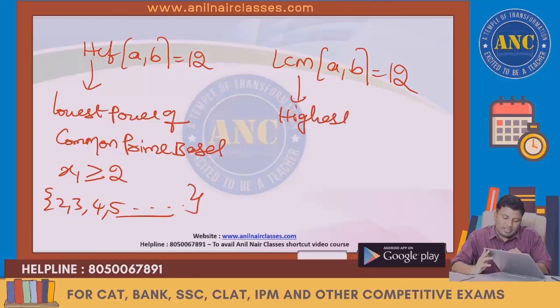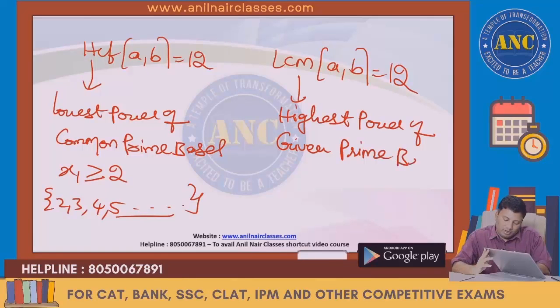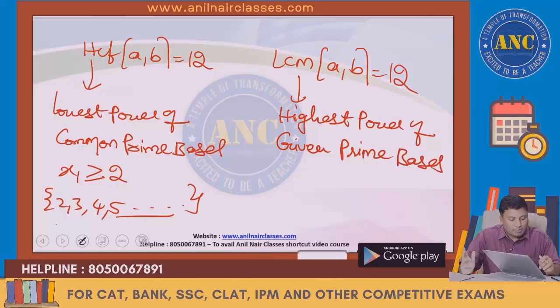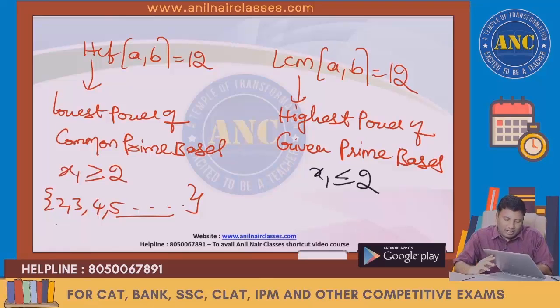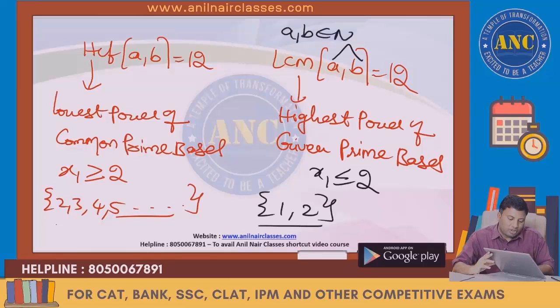LCM always takes the highest power of the given prime bases. So x1 is less than or equivalent to 2. Because A and B are natural numbers, you can restrict from 1 to 2.